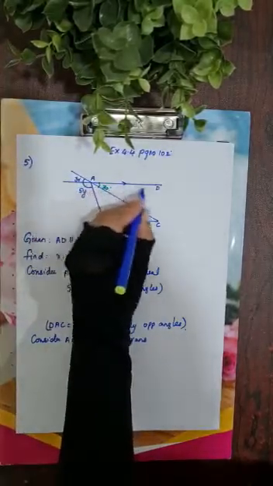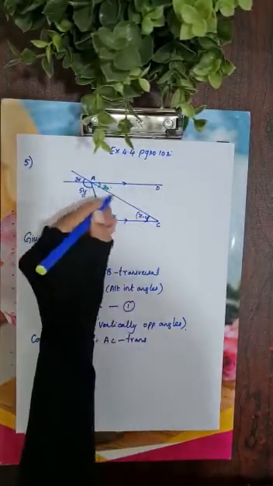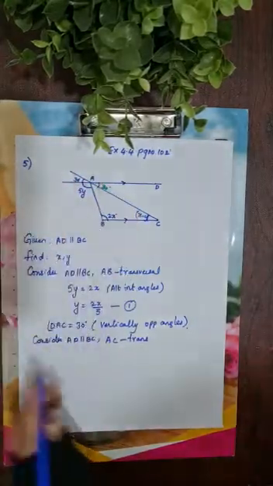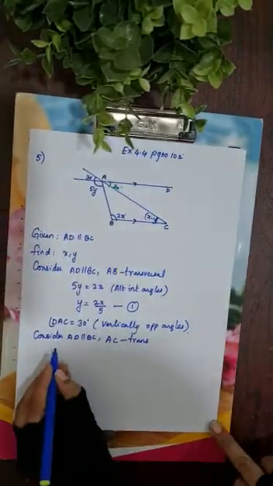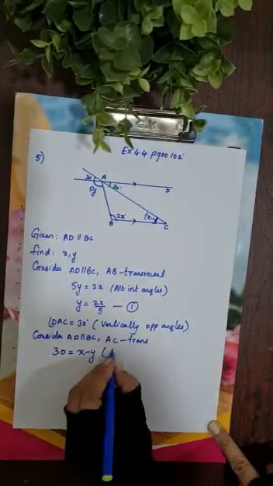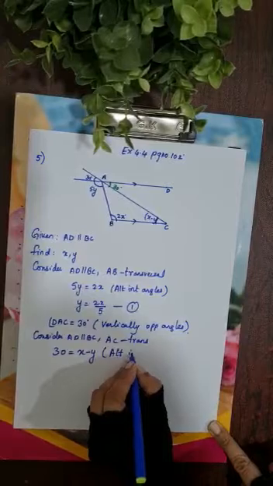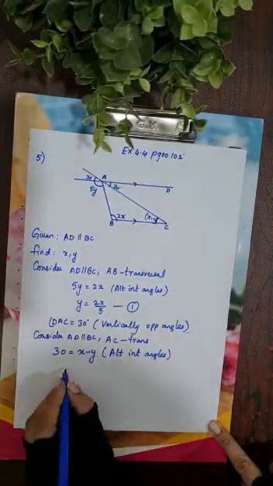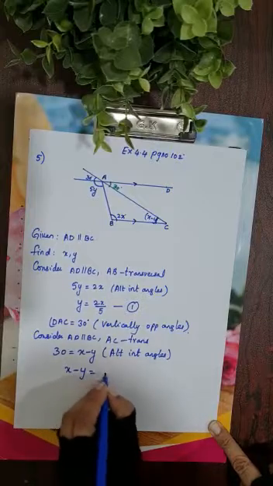Okay, children? So x minus y is equal to 30.